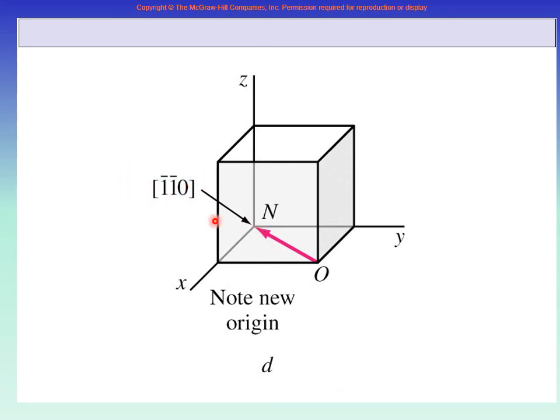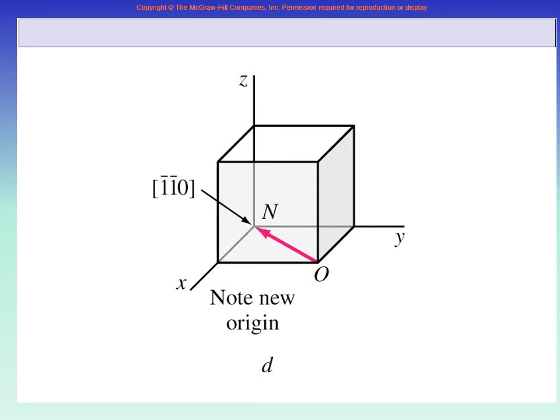So these are the direction indices of this vector, right? So you have learned that sometimes you need to shift the origin. When the origin shifts, some of the numbers will become minus, and after subtraction from the coordinates, when you get the direction index, if any number is minus, then we show the minus sign above the number, not as a normal minus 1.